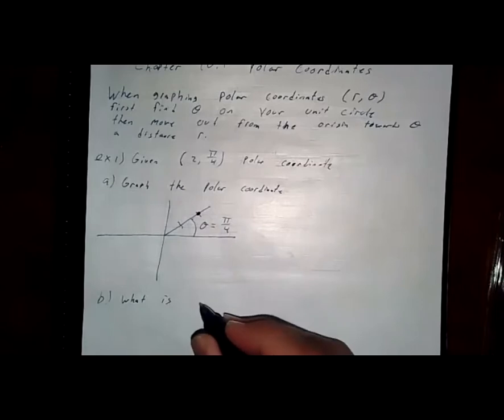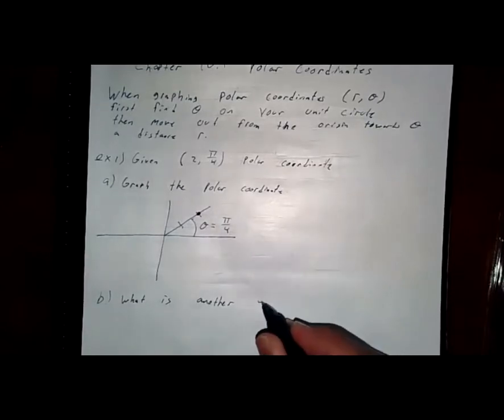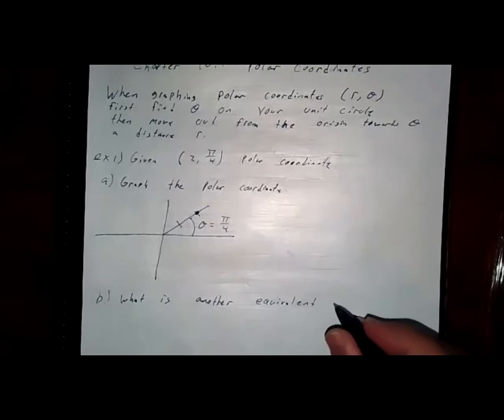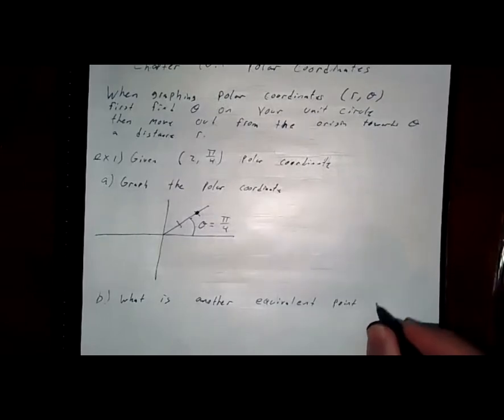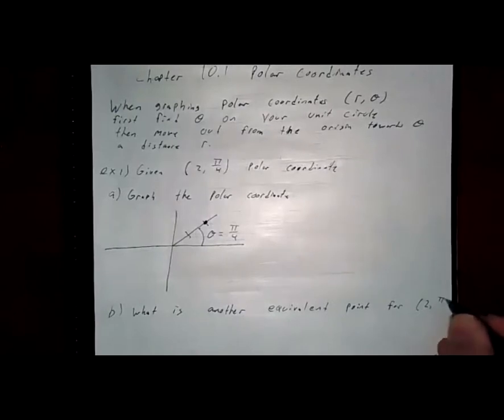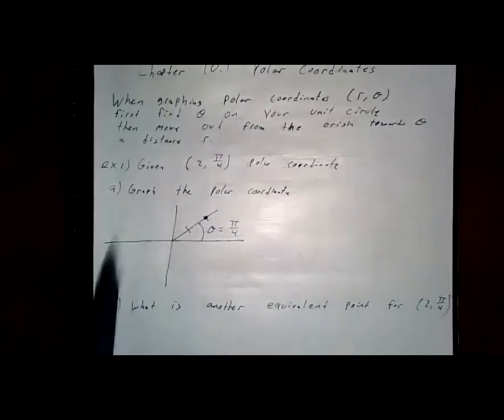All right, so what is another equivalent point for 2 comma pi fourths? Because we know that the unit circle keeps going around and around, right?